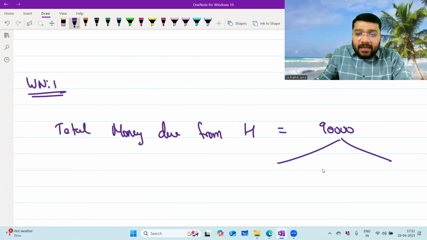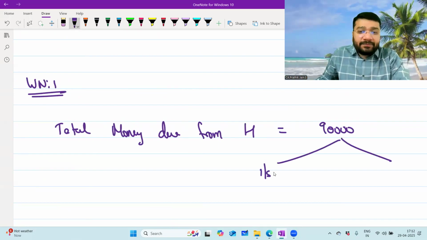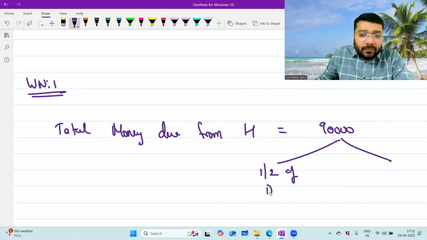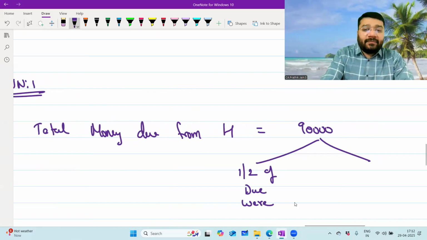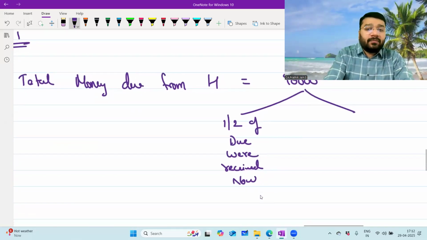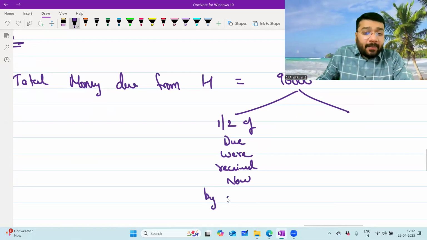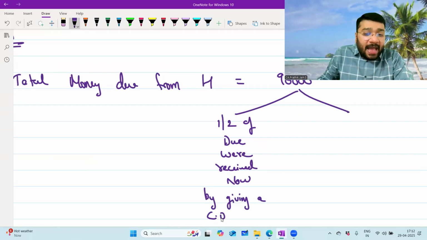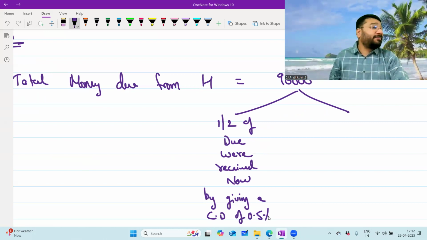The question says that half of the dues were received now by giving a cash discount, not cheque, cash discount of 0.5%.